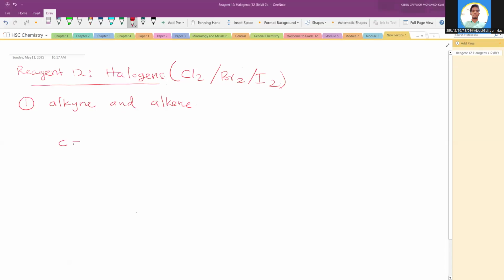Let's say we have a C double bond C like this, and we put Cl2. This pi bond will break and in that place, two chlorines will be added. Here we will put Cl and here also Cl will come.